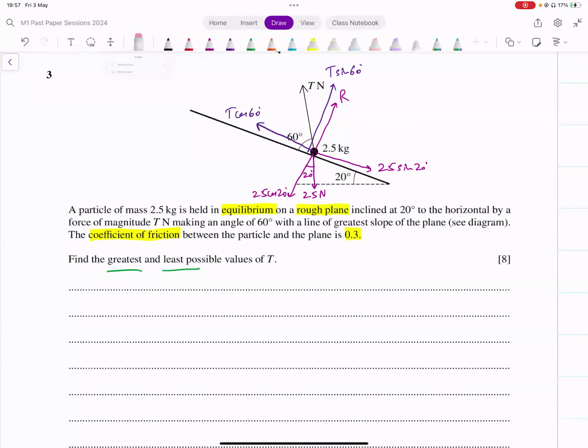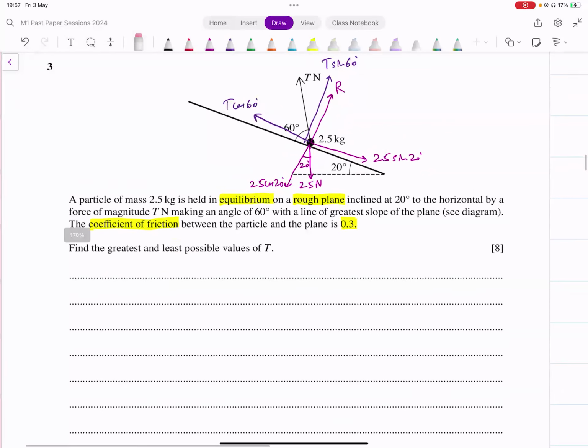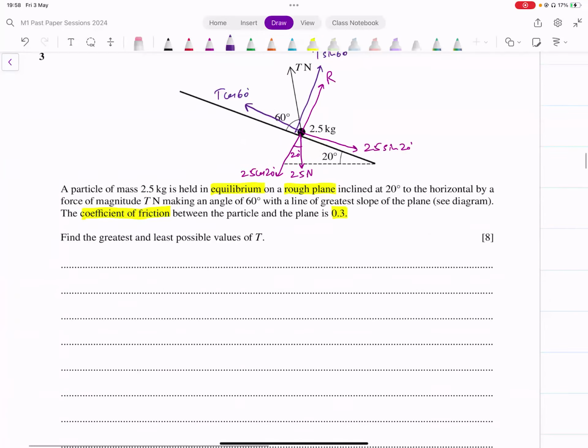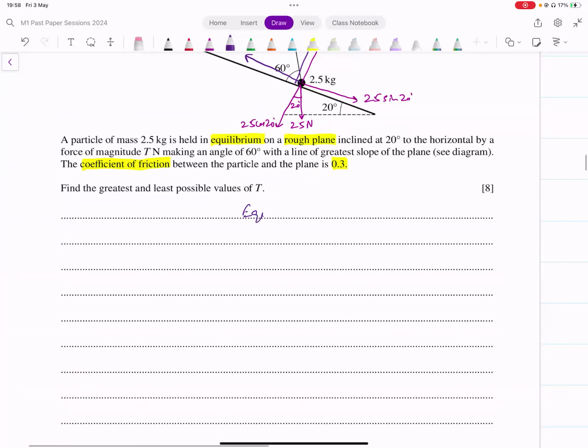We consider two scenarios. One scenario is that the particle is just about to move up the plane. Okay, let me repeat. Since they're saying the system is in equilibrium, there are three possibilities. One possibility is that it's normal equilibrium.